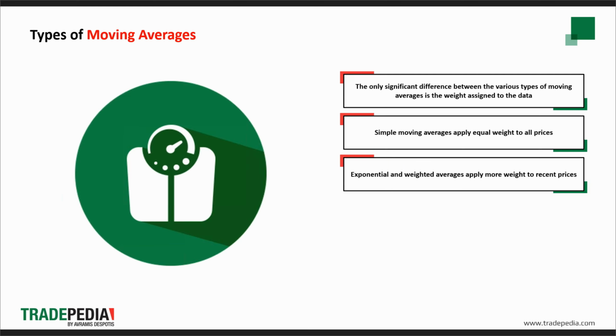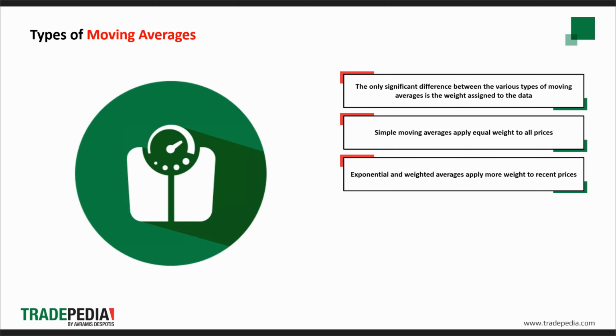However, there are also exponential and weighted averages. These EMAs, I personally use EMA as well, apply more weight to recent prices. Basically it means that if you're using a 10-day EMA, the more recent prices, closer to the current price, are given more weight compared to the prices further in the past.